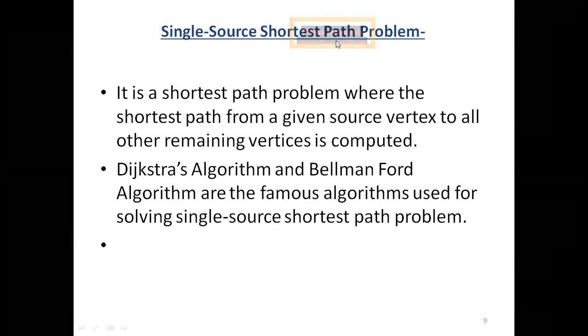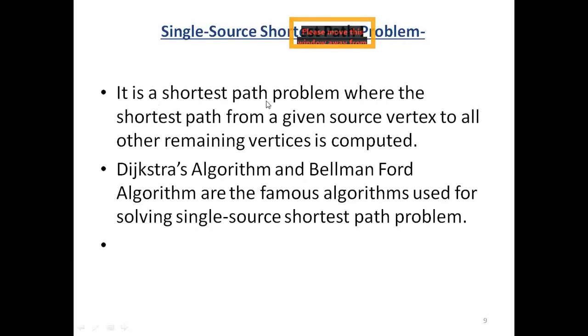Single source shortest path problem. This is the main topic in today's class. So what is a single source? That means only one vertex is considered, and from that particular vertex, for all the remaining vertices, we need to find the shortest path.